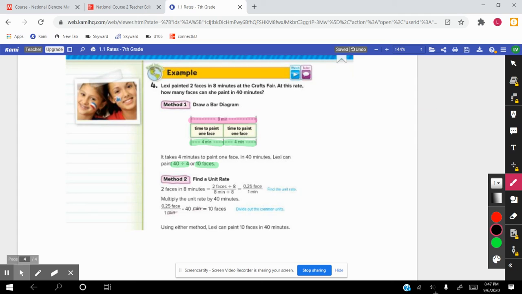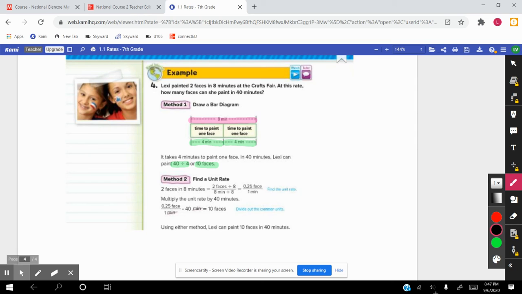Method number 2 is to find a unit rate. So 2 faces in 8 minutes, there's our fraction. We want a unit rate, so we divide both numerator and denominator by 8 to get 1 minute. Then that's 1/4 of a face per minute. Well, they want to have the entire face.